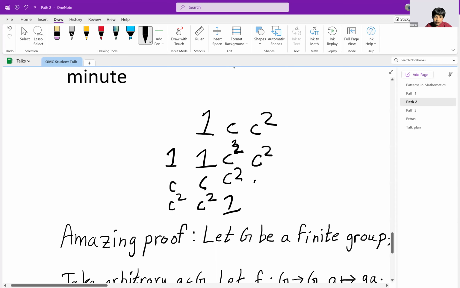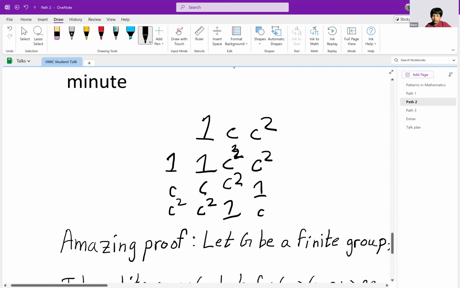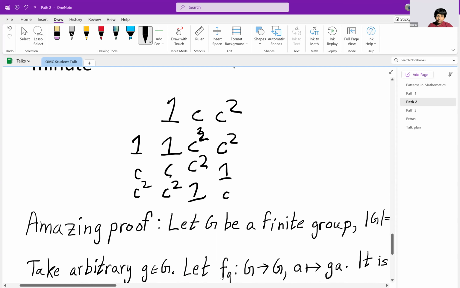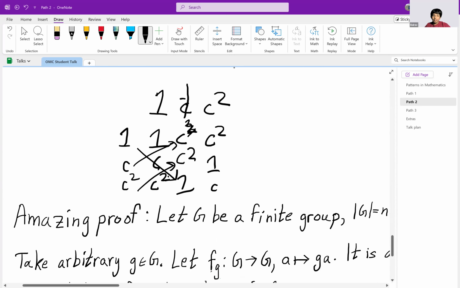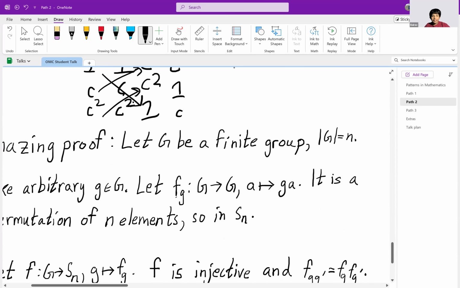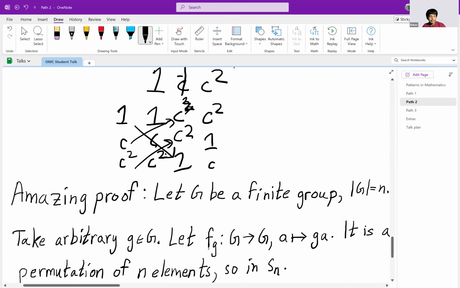We can see if we look at each row, we get a permutation of these elements, which from this element we get the permutation. And so we just take that function, and that in fact gives you the same group, but inside a permutation group.